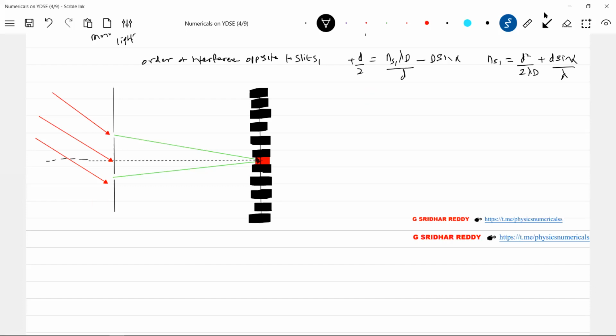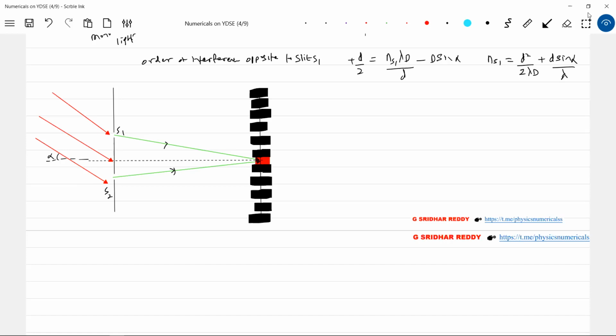So this was the angle alpha, S1, S2. Which ray will cover more path before slits? The ray 2. Now if I increase the path length of the ray 1 such that, how much additional path the ray 2 covered before slits, that much additional path the ray 1 covers after the slit, definitely the path difference of the rays arriving here will be 0. Then there will be central maxima.